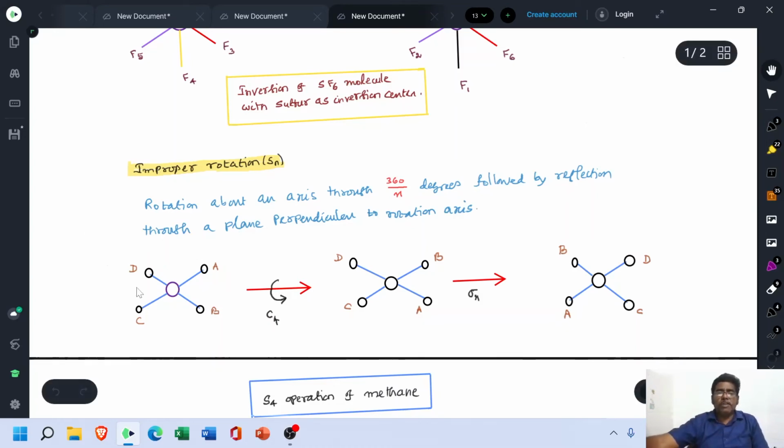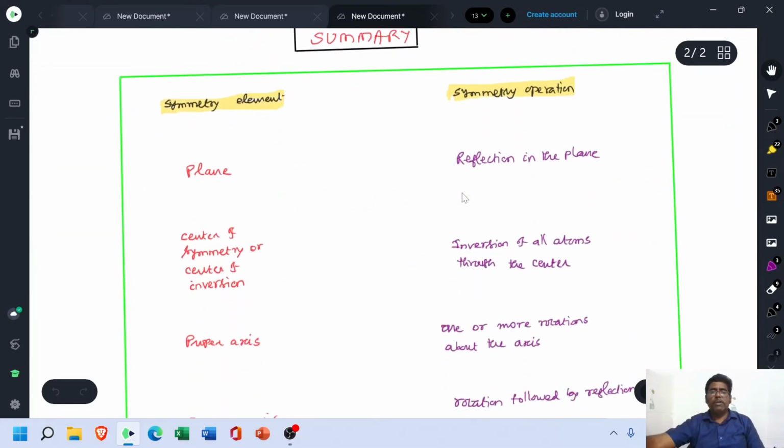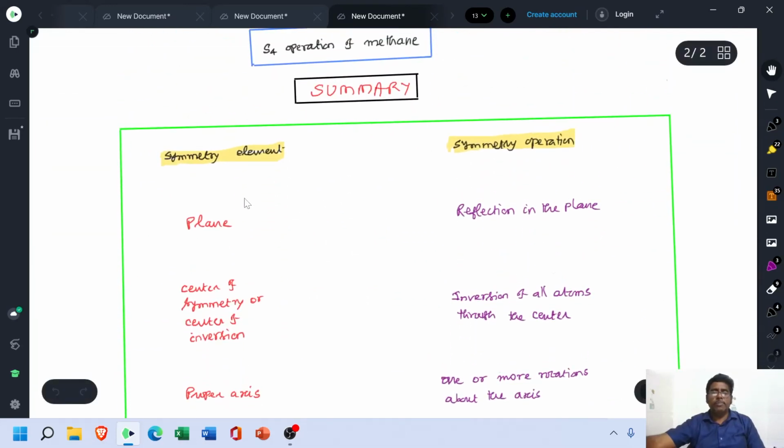Say S4 operation of methane is the example of improper rotation. Here the methane is having tetrahedral structure that is subjected for C4 rotation, that is 90-degree rotation. We can get this structure. If reflection is made through a plane perpendicular to the rotation axis, once again we can get the original structure of the methane.